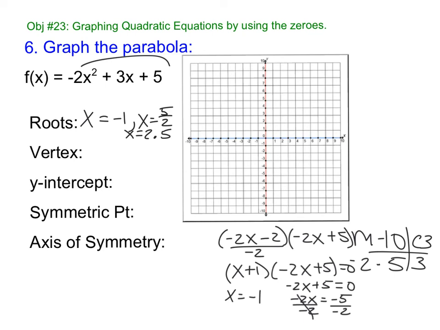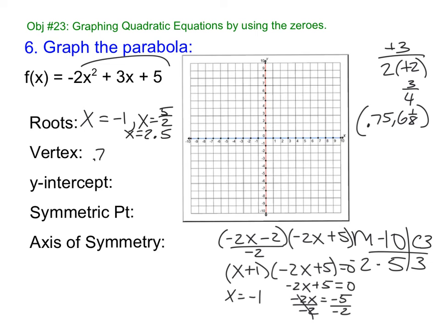All right, vertex. Negative b over 2a. So those negatives again go away, and we get 3/4. 3/4 is 0.75, so if you want to put 0.75, it's a decimal that ends, go for it. Plug in all that in the calculator, and I get 6.125. So 6 and an eighth.